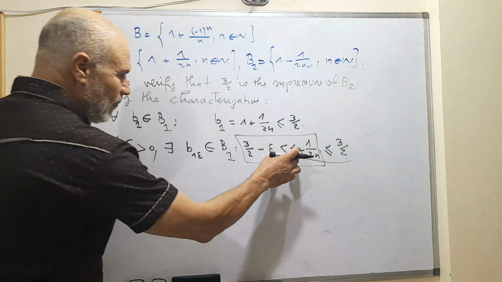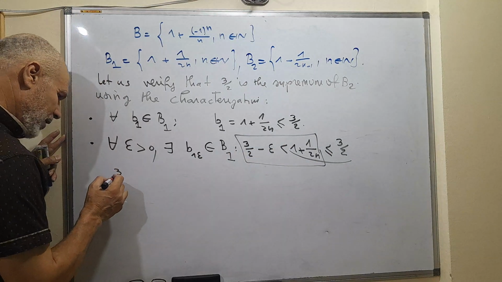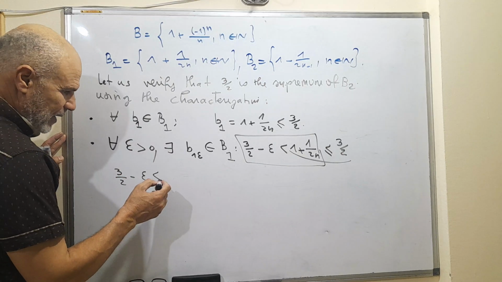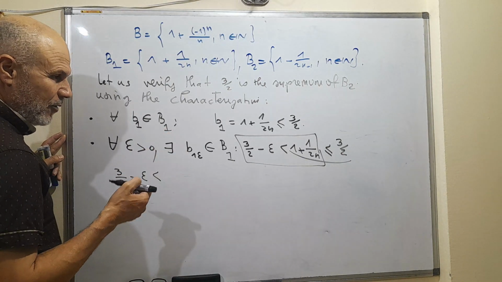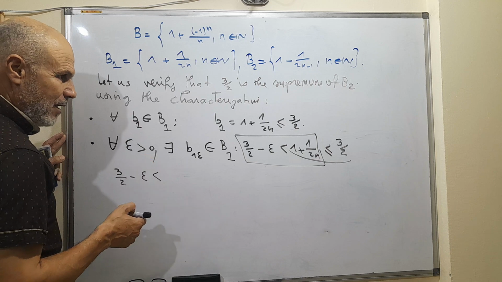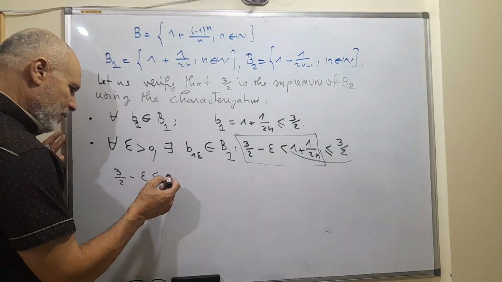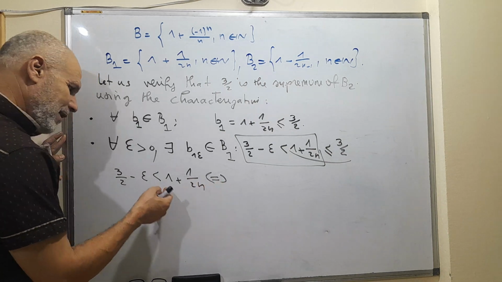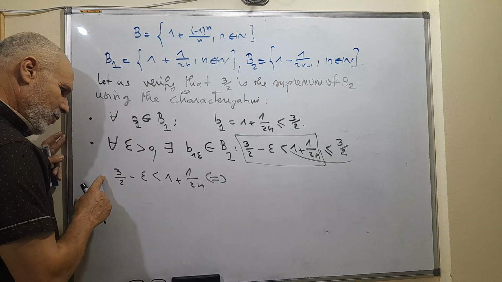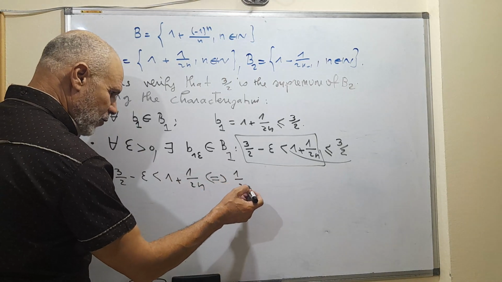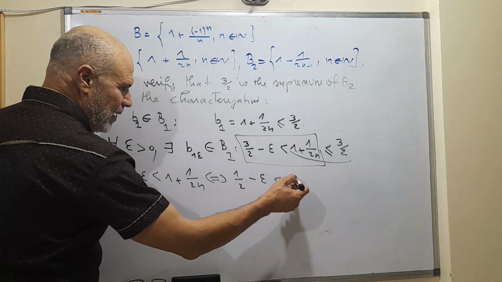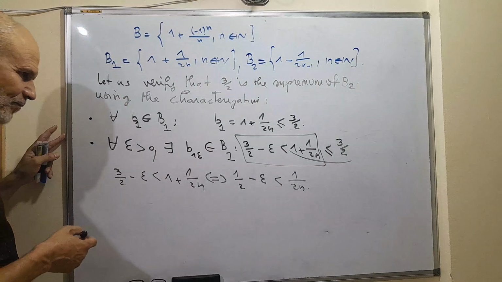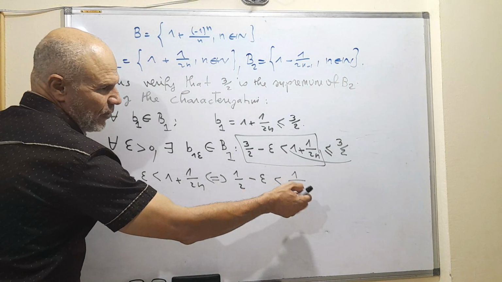Can we find n for which, for every epsilon greater than 0, this is possible? So we start from this inequality. Epsilon is supposed given, and we search the existence of at least one n. 3 over 2 minus epsilon less than 1 plus 1 over 2n is equivalent, if we subtract 1, to 1 over 2 minus epsilon less than 1 over 2n. Here we have cases.